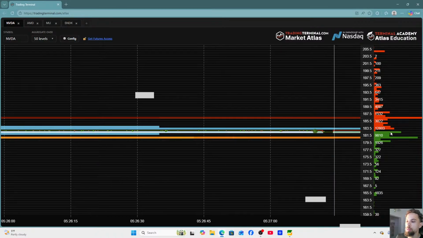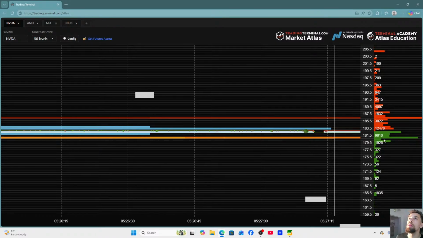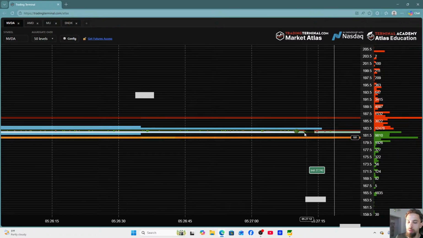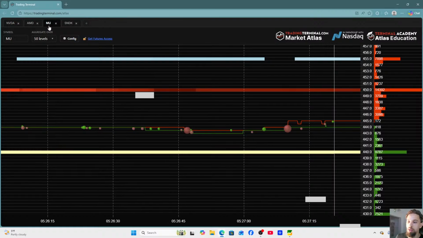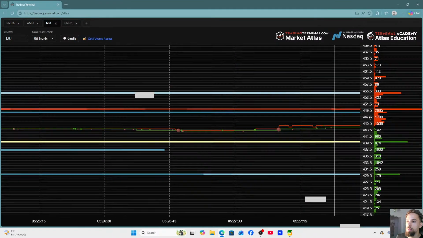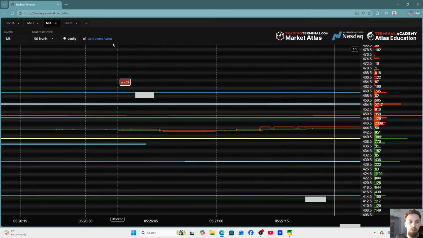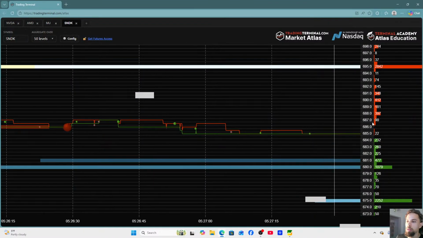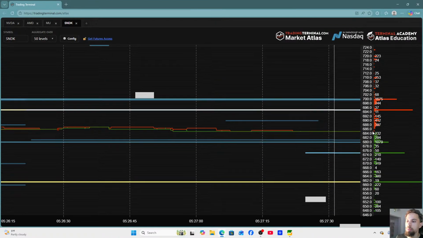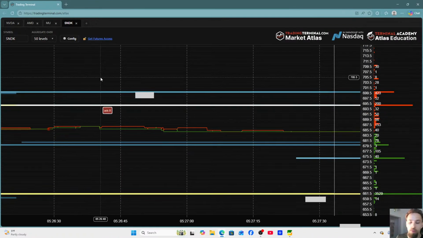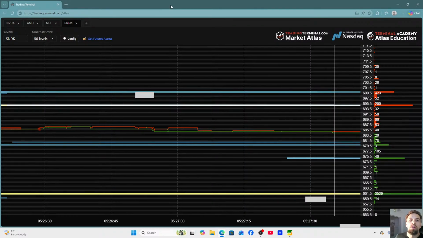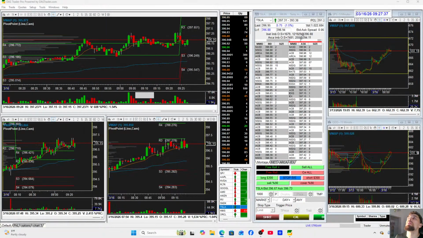You can see the ladder is pretty evenly distributed right next to where price is. So let's look at MU. MU has a real nice order at 450. And let's check out SanDisk. This one always looks pretty empty. Nothing really exciting going on there. So I'm going to drag that back up.